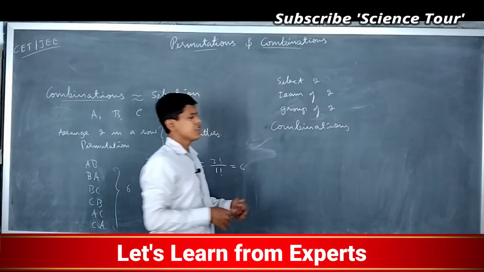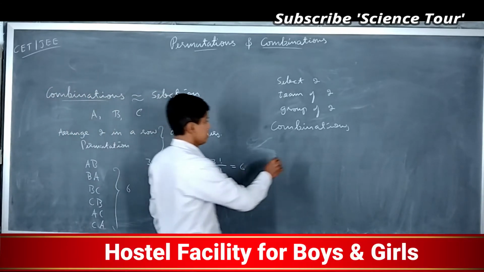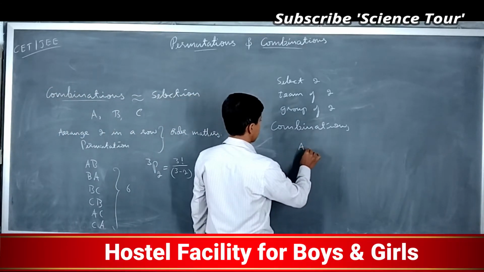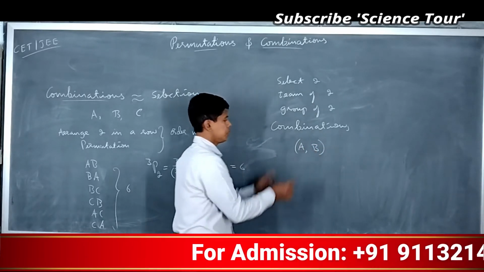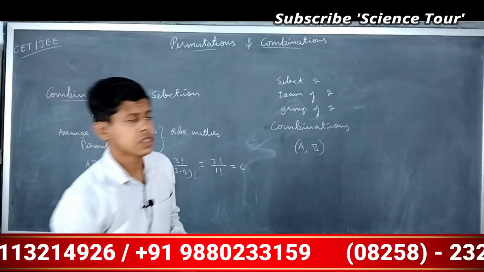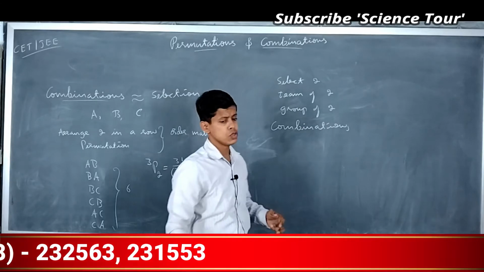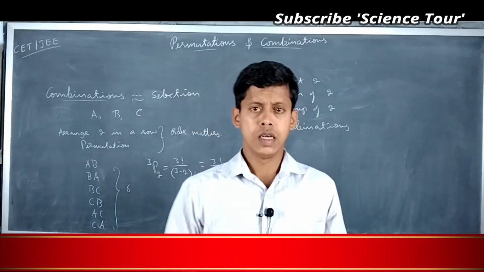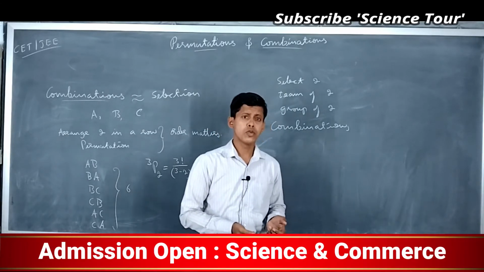Now what are the different teams you can make out of 3 students? One team is a team consisting of A and B, correct? B and A makes the same team. Even though the order is different, imagine you want to play badminton. There are 3 students, you have to make a team of 2 students.